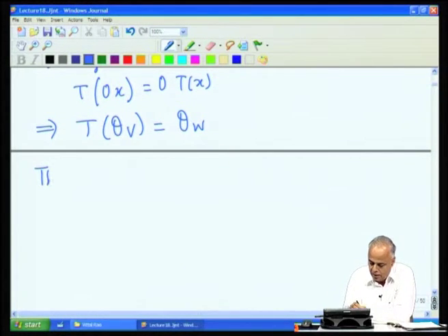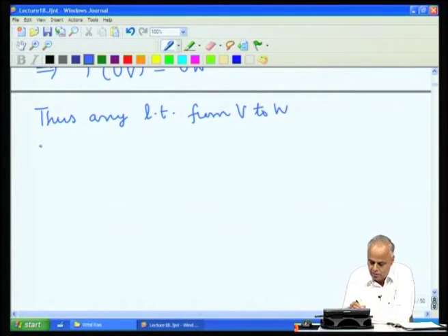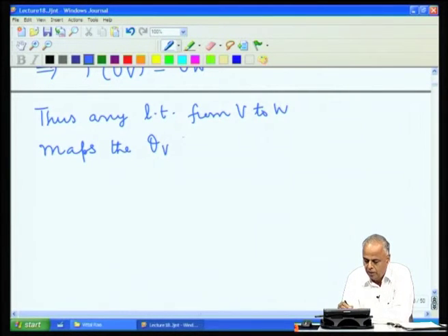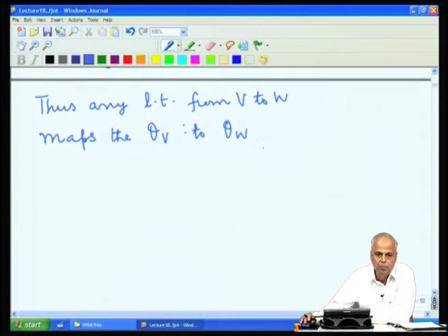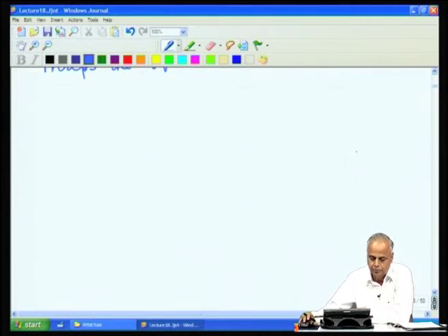Thus any linear transformation from V to W maps the 0 vector theta V to the 0 vector theta W in W. This is a very important property. Every linear transformation must do it, and therefore, if some transformation from V to W does not take the 0 vector to the 0 vector, it cannot be a linear transformation.